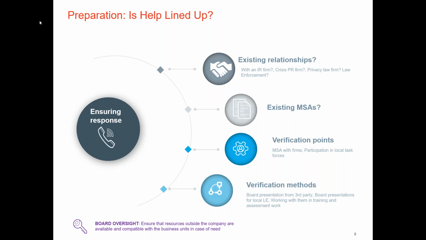Yeah, just quickly, we found that it is very helpful for our clients to establish relationships with law enforcement and in particular the FBI as part of this development of relationships. And a couple ways to go about doing that.